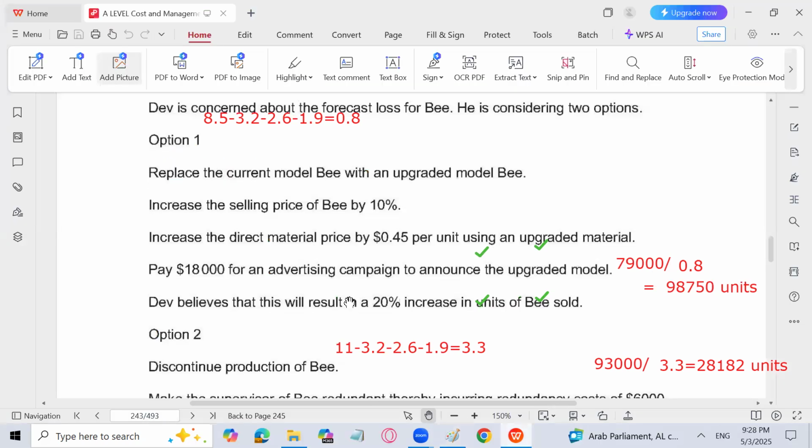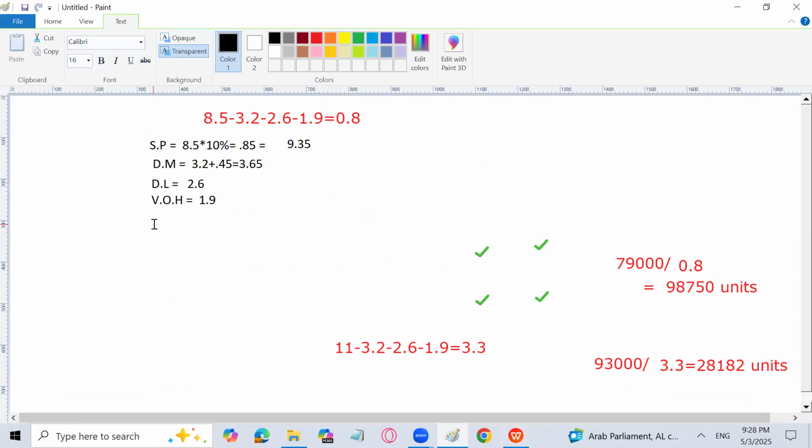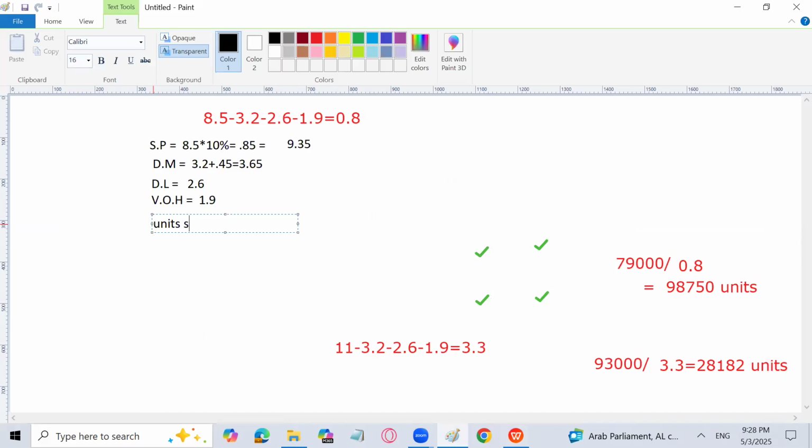Pay 18,000 for an advertising campaign to announce the upgraded model. So fixed cost, 18,000 of fixed cost will increase. They believe that this will result in a 20% increase in units of B sold. So we can sell more units now. Previously, we were selling 80,000 units. Now there is going to be increase of 20% in these units.